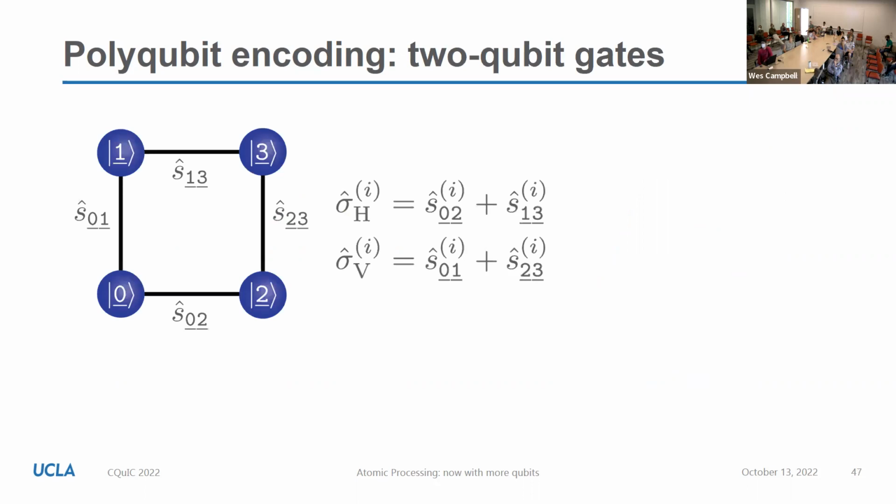For 2 qubit gates, there are 2 qubit gates that exist within a single atom, intra-atom. That's basically trivial. It might be nice to have, but if I drive just one of these atomic transitions, for instance, that's usually a 2 qubit gate. It's pretty straightforward.